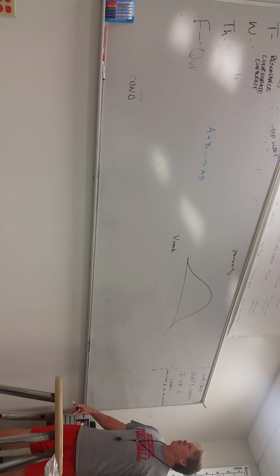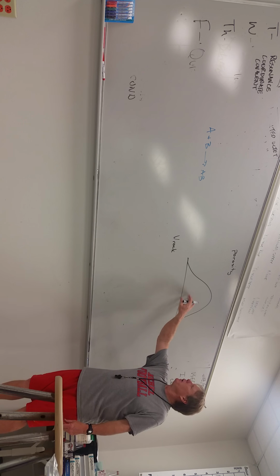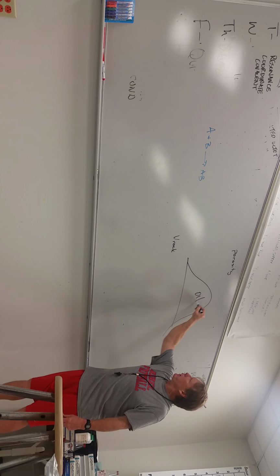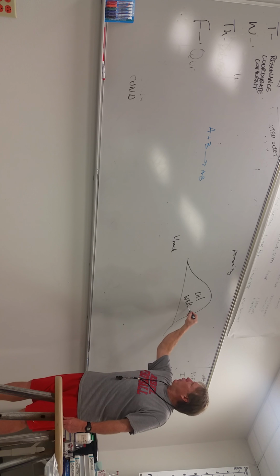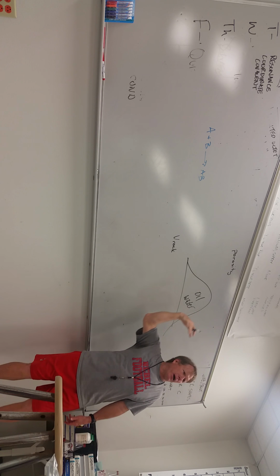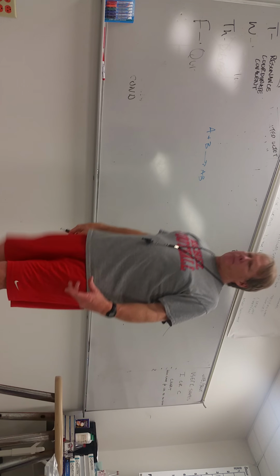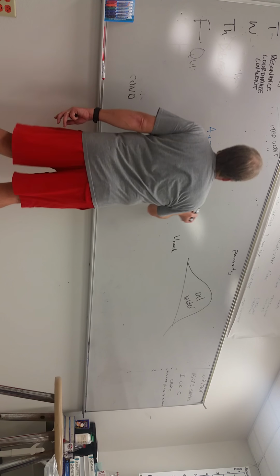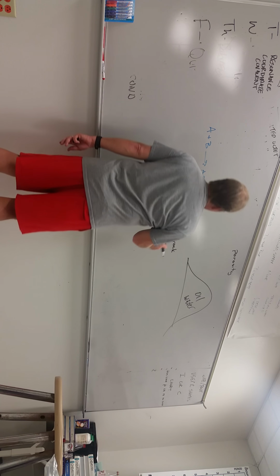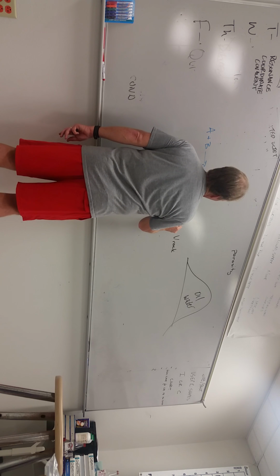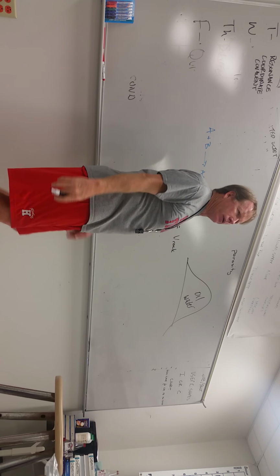So if this is oil, we have oil and water sitting in the pore spaces of this rock. If I'm going to calculate the volume of the oil, the volume of the oil is going to be equal to what?